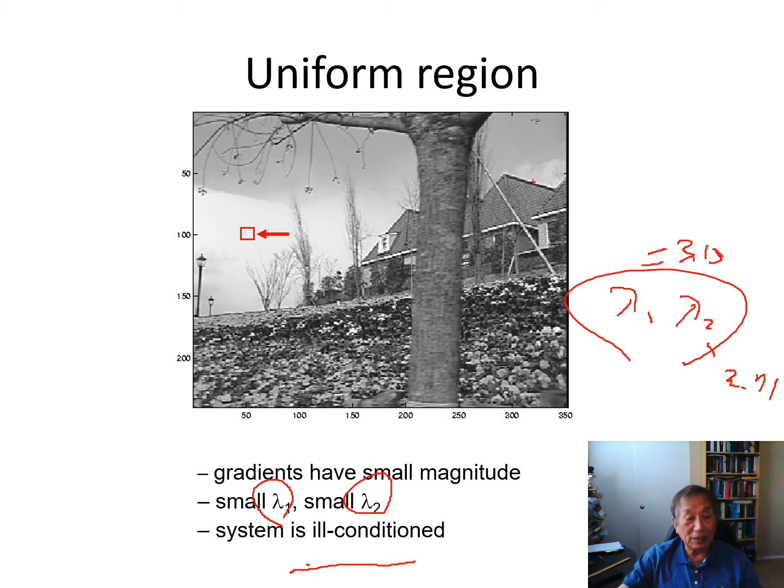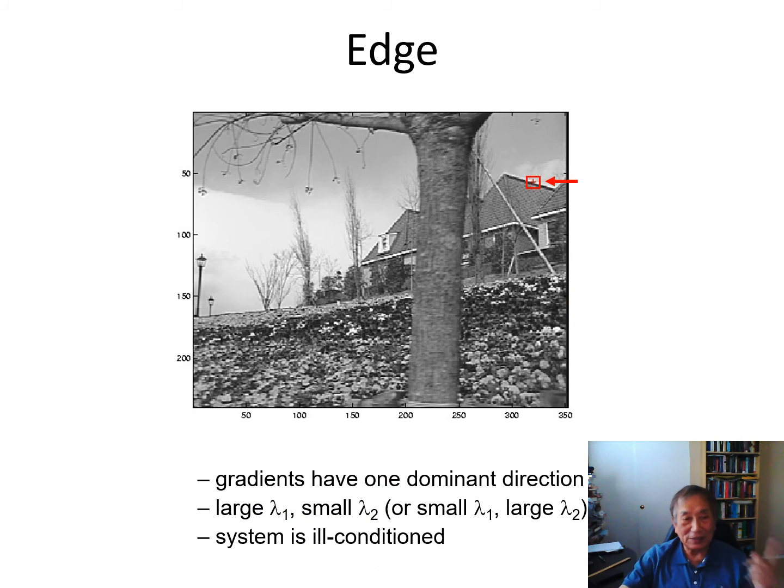Then this is the gradient. Those are small magnitudes, and in this case it is uniform. There is not much dynamics or change, so we call that ill conditions. In this area, nothing is very interesting, but of course we're going to extend on until we hit something interesting. So as I said, when both lambda values are small, it is a region or area of sameness.